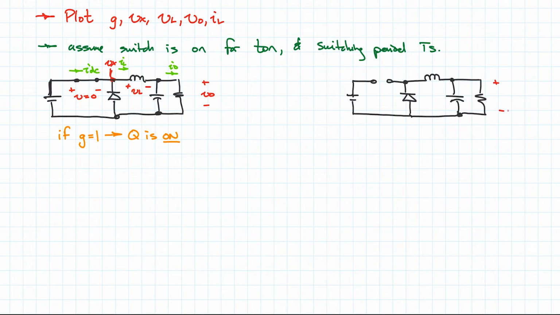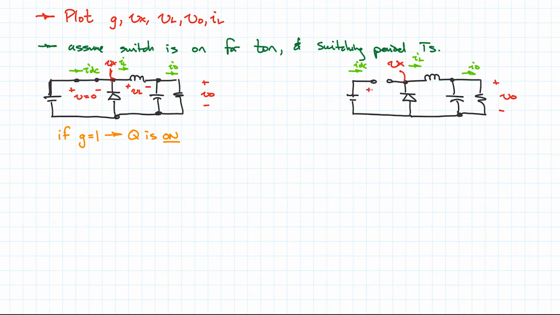And now in each case, we're going to develop equations for VO, for VX. We want an expression for IL, we want an expression for IO, and then IDC. I don't think we're plotting IDC, but it's usually a good quantity to have as well.